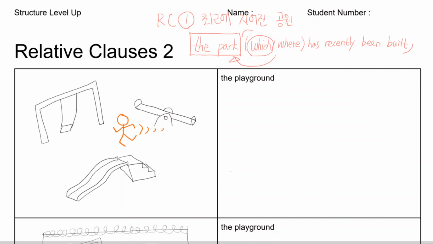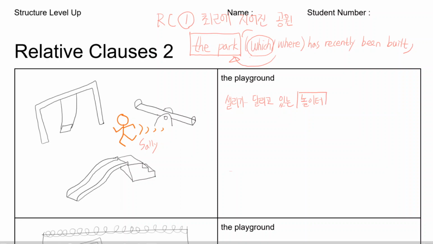that, let's say this is Sally. So we are gonna say here is 셀리가 달리고 있는 공원. I mean, not 공원, 놀이터. Right?